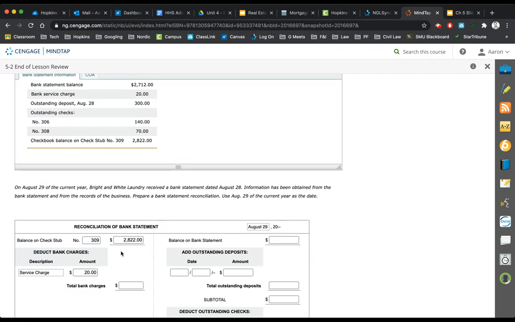And then you add the 2 together. Or you subtract it, I'm sorry. So the checkbook balance, because again, Delgado Web Services says that their balance was $2,822, but we know that there was an additional charge during the month that we didn't account for. So we need to subtract that from the total. So $2,822 minus 20 gives us $2,802.